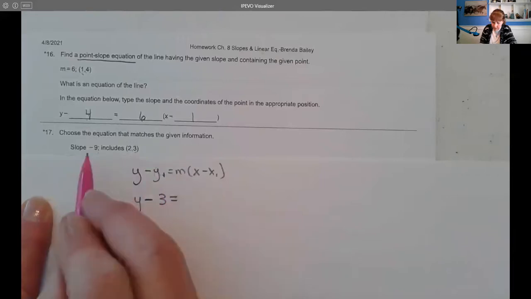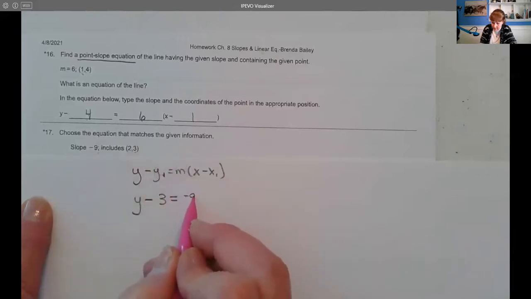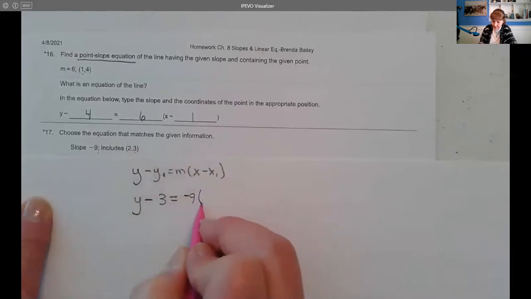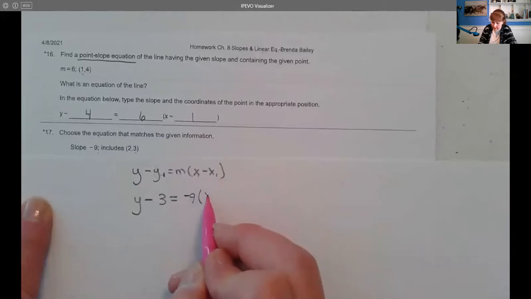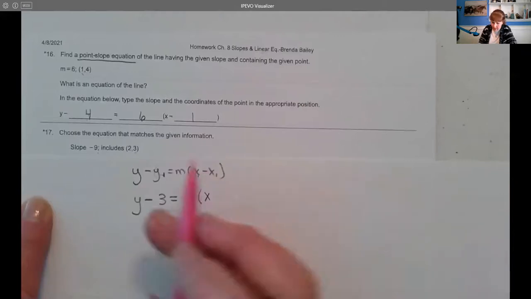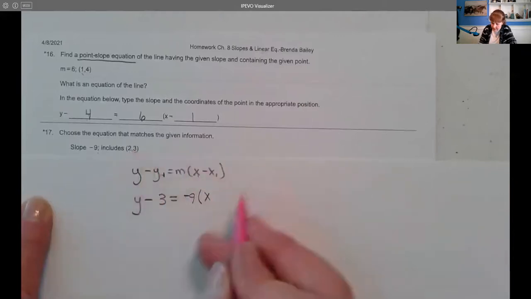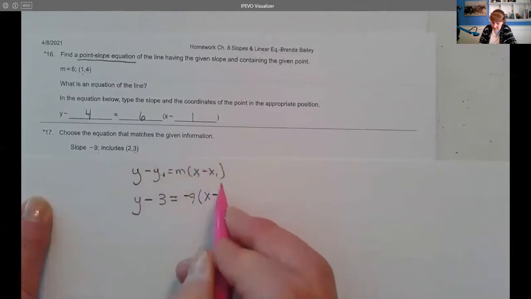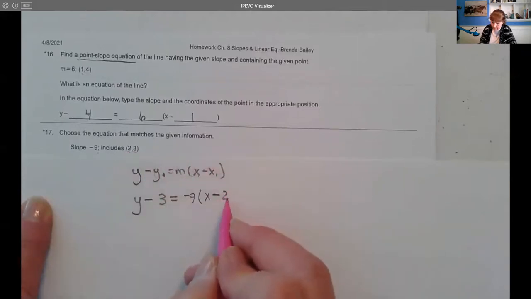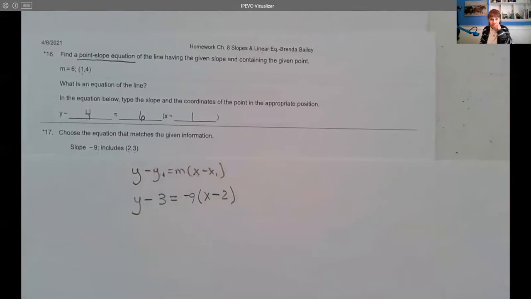The slope is -9. Oh, this one's going down. It's decreasing, it's falling, because it's negative. You always have that x there. We'll put that in. Minus, we have that -2. Okay, so there's your equation in the point slope form.